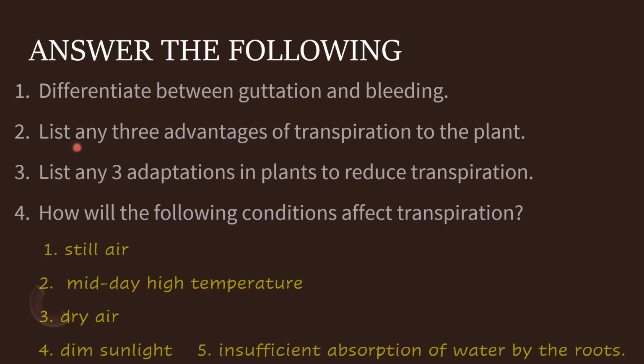Second one, list any 3 advantages of transpiration to the plant. 3 advantages: cooling effect, suction force, distribution of water and minerals. Then third question, list any 3 adaptations in plants to reduce transpiration. Any 3 you can write: sunken stomata, narrow leaves, loss of leaves.